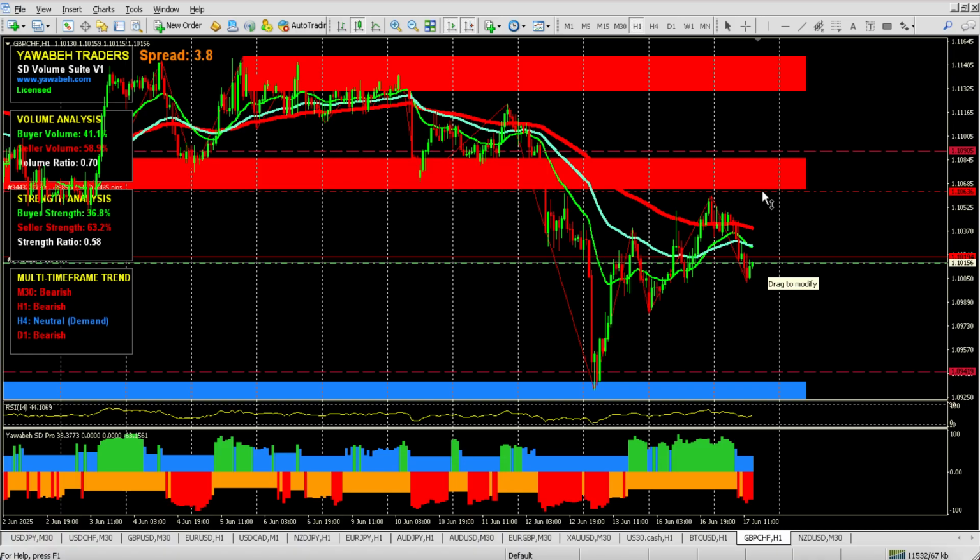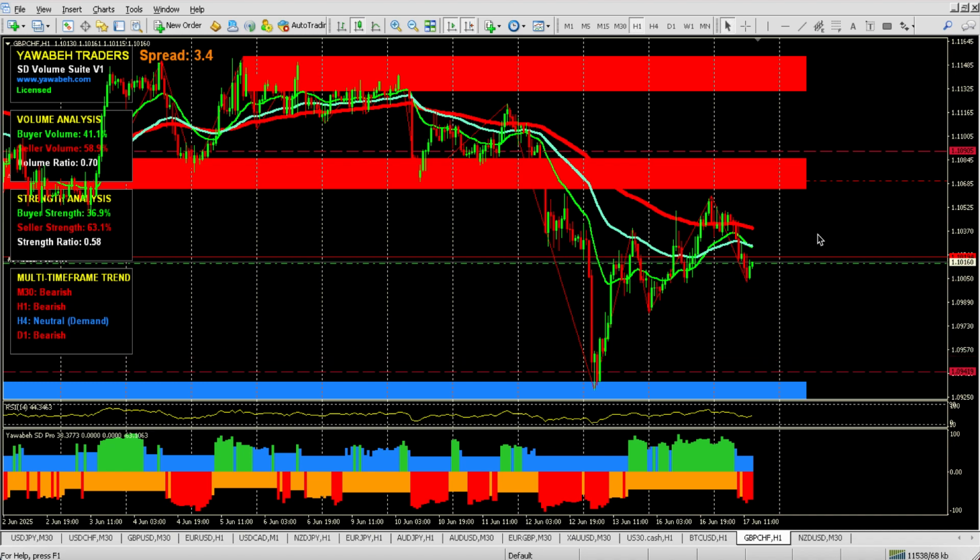I don't like setting the stop loss exactly below the support line or above the resistance line, so I want to extend it to this level. My take profit is the present low, which is here.